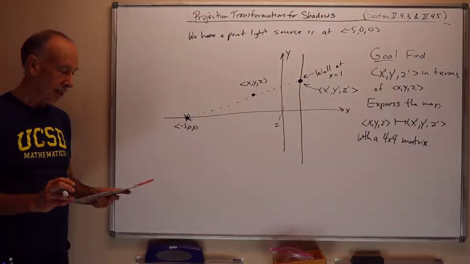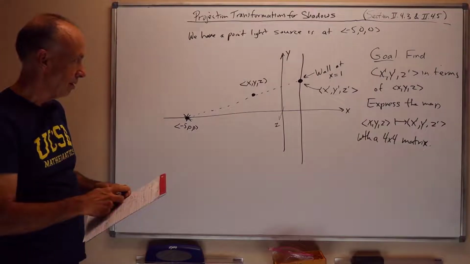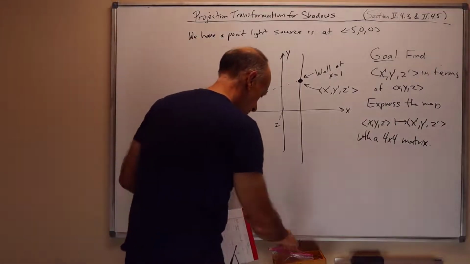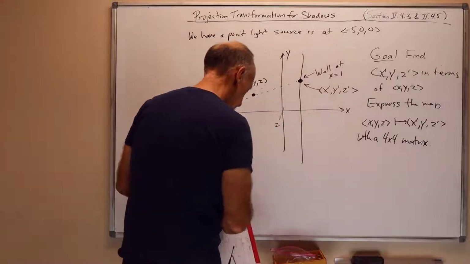So for this, we need to get a formula for x prime, y prime, z prime in terms of x, y, z.